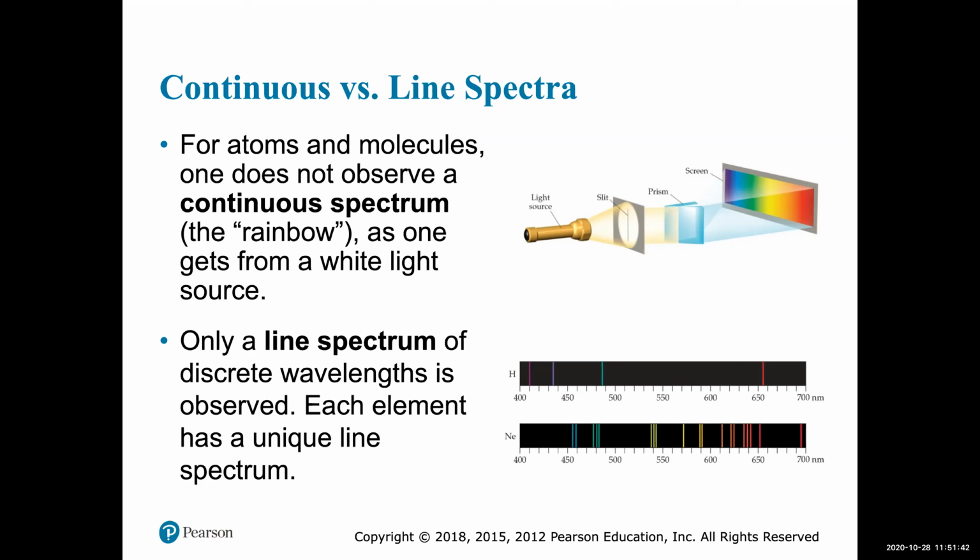And so each element has a unique set of emission spectra. So here we have an example of hydrogen and neon, and we see those. But by looking at the emission spectrum from an element, you can determine what element it is. These emission wavelengths are known, and by looking at what they are, you can tell whether it's neon, hydrogen, or whatever.